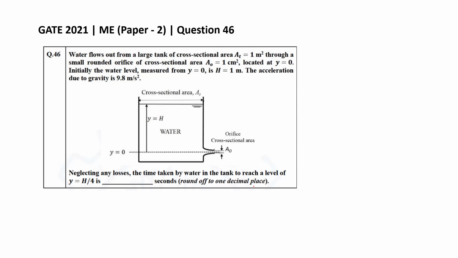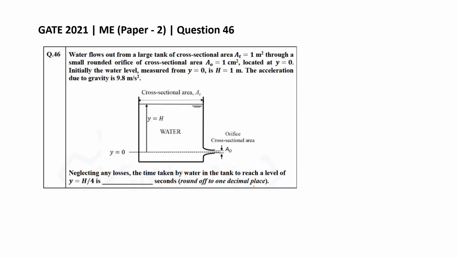Now, initially, the water level measured from y equal to 0 is h equal to 1 meter. The acceleration due to gravity is 9.8 meter per second square. Neglecting any loss, the time taken by water in tank to reach level of h by 4 is.